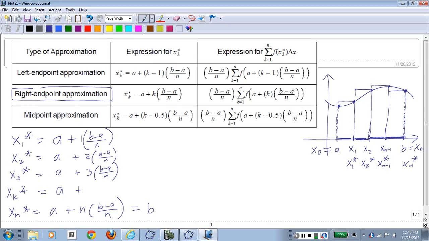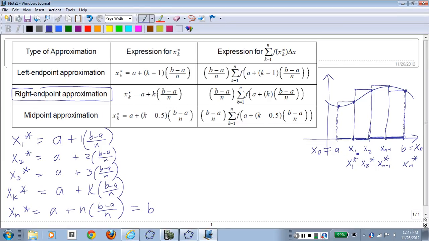If it's K, then it probably ought to be K times B minus A over N. So basically, I'm just expressing this X coordinate, this endpoint, in terms of A, B, and N, really. Now, we need to evaluate the function there, and that's the height, and then multiply by the width of the little rectangle. So I think we're pretty much in a position to do this.